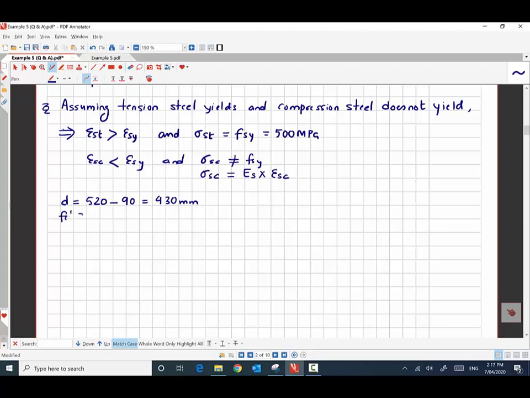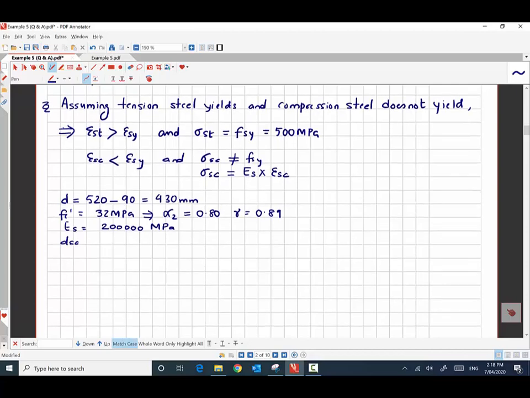FC dash is 32 megapascal, which implies alpha 2 and gamma, which we have already found in example 3 as well, are 0.80 and 0.89. We know that the Young's modulus of steel is 200,000 megapascal, and the effective cover for the compression side, DSC, is 50 millimeters.